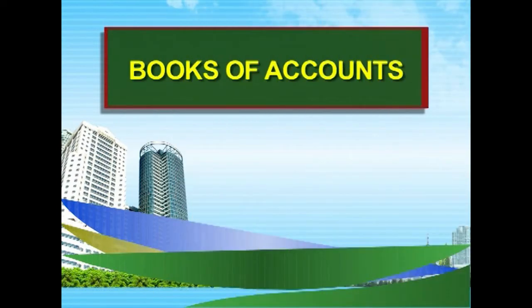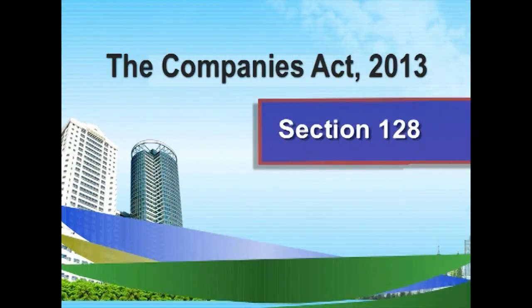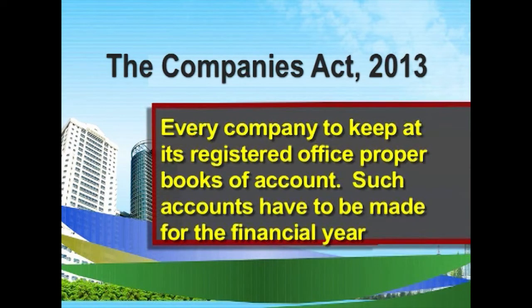Books of accounts. Section 128 of the Act requires every company to keep at its registered office proper books of accounts. Such accounts have to be made for the financial year which, in relation to a company or body corporate, means the period ending on March 31st every year.